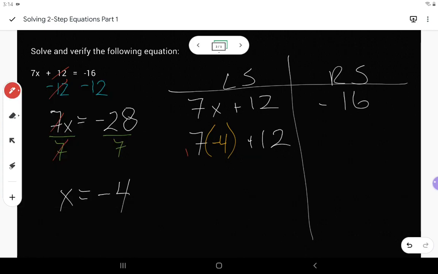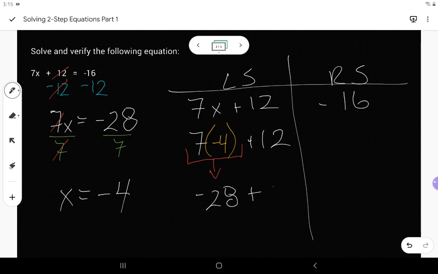Because it's in that set of brackets, this 7 being written directly next to my set of brackets means these are multiplying. But I don't want to write x for multiplying because x is my variable. So that's why I'm using the brackets instead. 7 times negative 4 gives me negative 28.